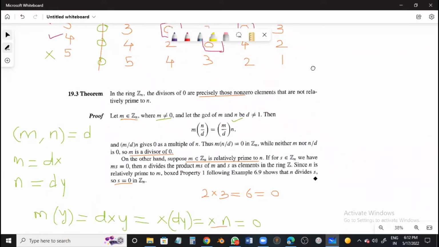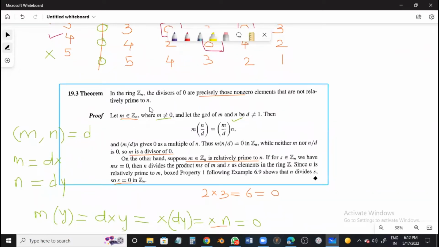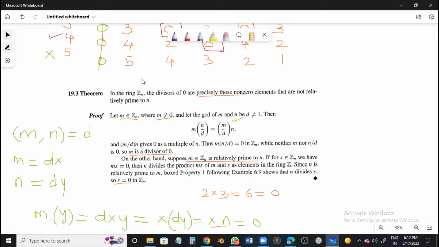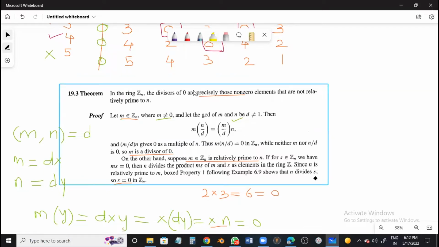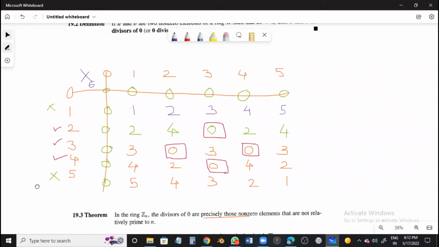Now let us proceed. This theorem also we have done. If you have ring Zn, then in ring Zn, divisors of 0 are those elements which are not relatively prime to n. So as you saw in case of Z6, 2 and 6 were not relatively prime, 3 and 6 were not relatively prime, 4 and 6 not relatively prime, still 2, 3 and 4, all of them, are divisors of 0.